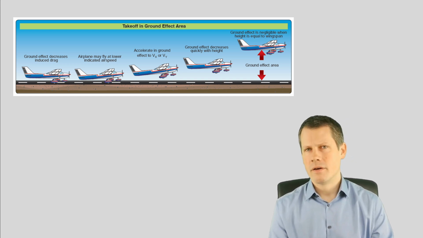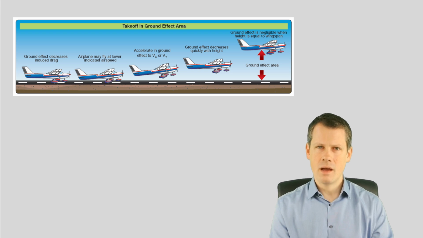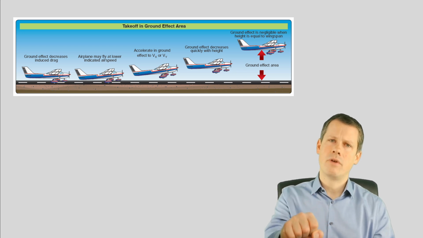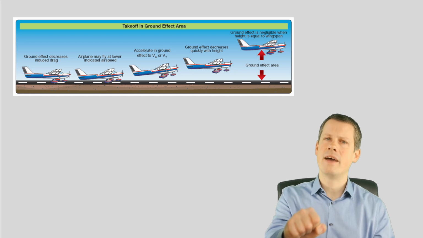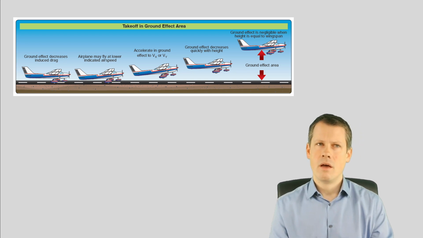Speaking of throttle, it's also my policy to keep my hand on the throttle until I reach a safe altitude, at least 500 feet above ground. Well, why is that?